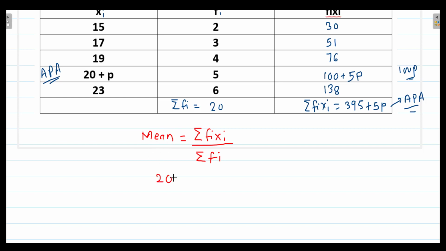So 20 is equal to summation of fi xi, that is 395 plus 5p, divided by summation of fi, that is 20. Now cross multiply, take 20 to this side, so 20 into 20, that will be 400, which is equal to 395 plus 5p.